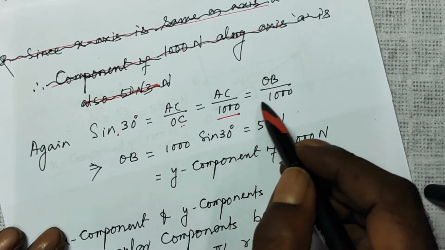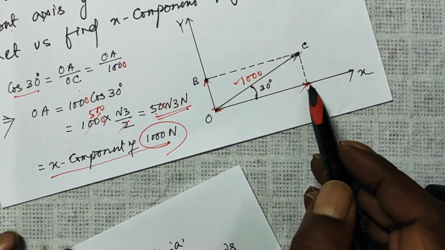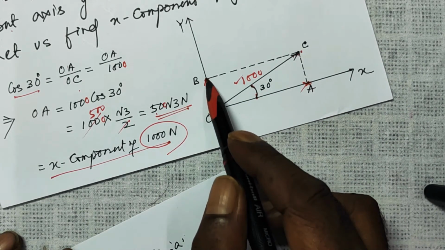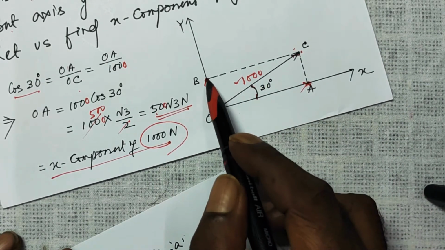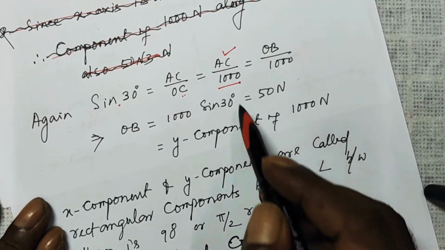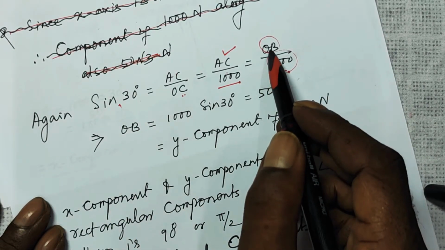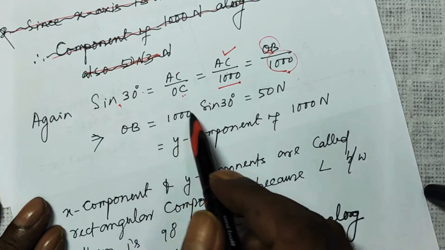OC is 1000 Newton, and the side AC has the same value as the side OB, so I can replace AC with OB. So sin 30 is OB over 1000. Cross multiplying, OB is equal to 1000 sin 30.